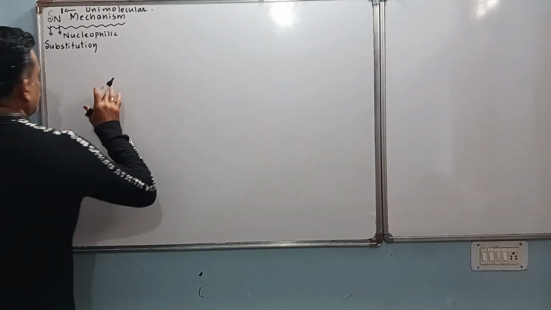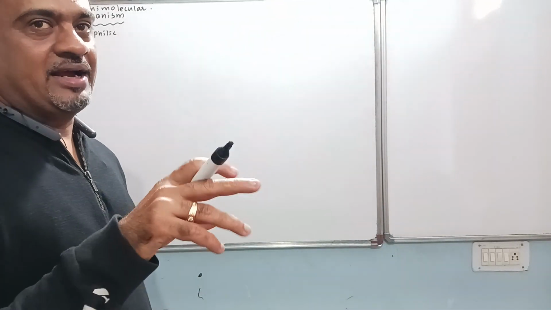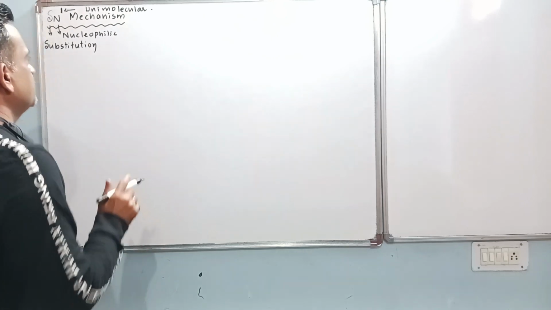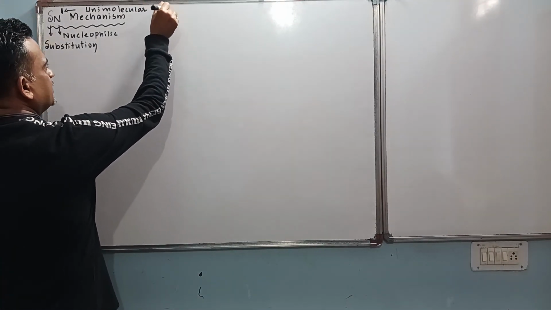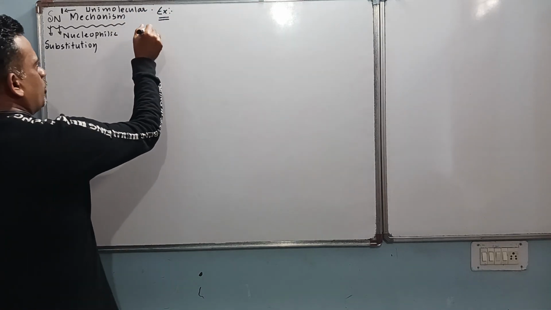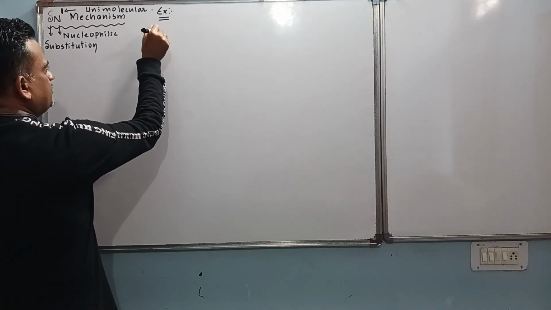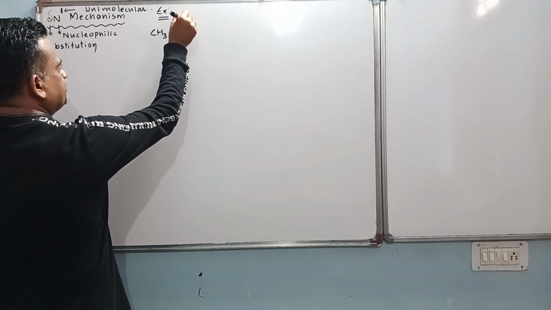So as usual, you know that this particular mechanism you will mainly come across in the haloalkanes chapter. So let us take one example for the Sn1 mechanism, a reaction which follows the Sn1 mechanism. The example we are going to take is tertiary butyl bromide.